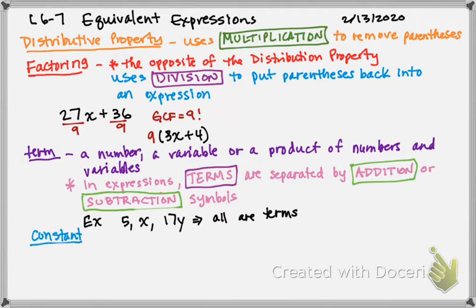So that makes sense that a number is called a constant because 5 is always 5. 35 is always 35. 276 is always 276. So the number never changes. It's constant. So it's a term with no variable and it's number only.